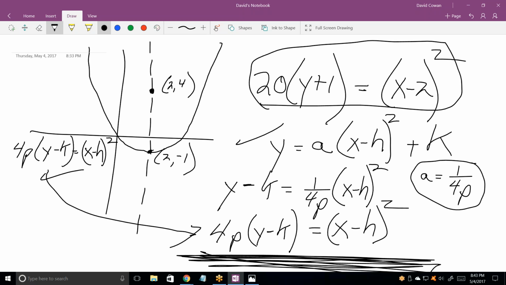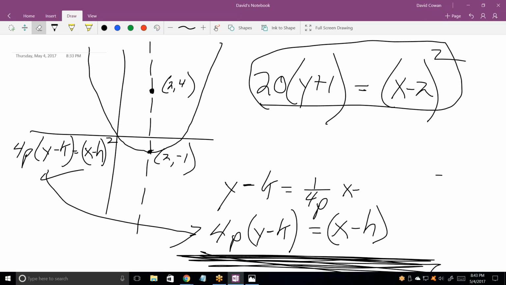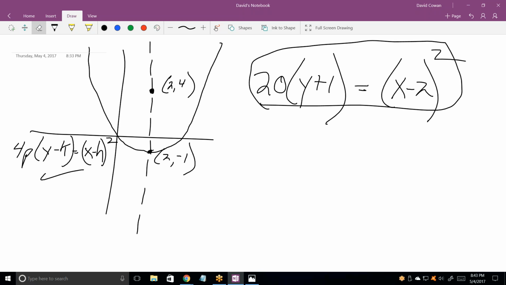They want to know not just the equation, which we've got up there, but they also want to know the axis of symmetry and the directrix. Well, what's the axis of symmetry? X equals 2.